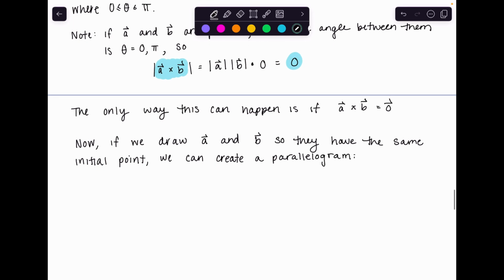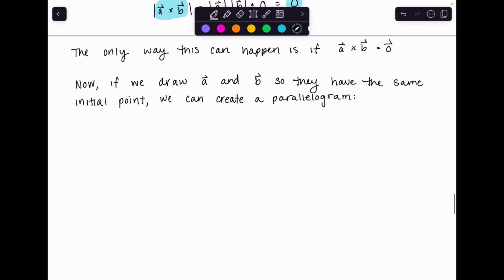We saw that with the parallelogram law when adding two vectors, but here we're going to see a different application.